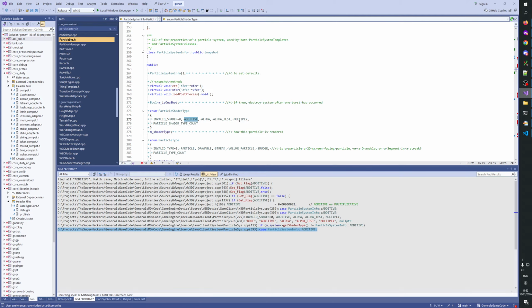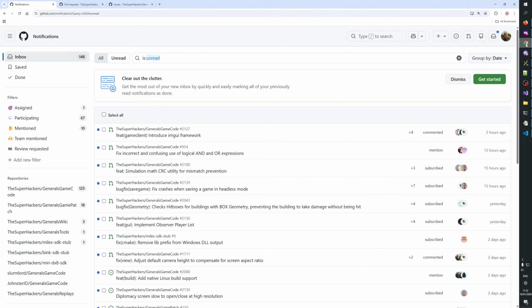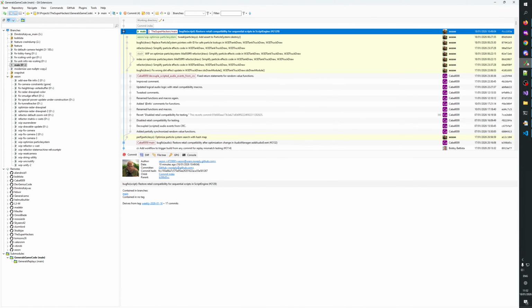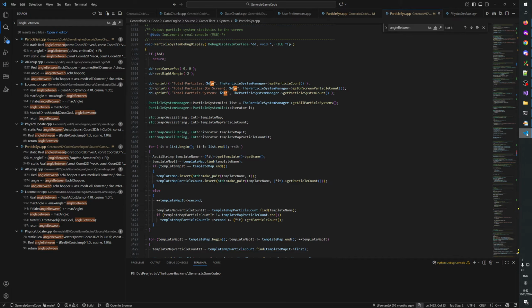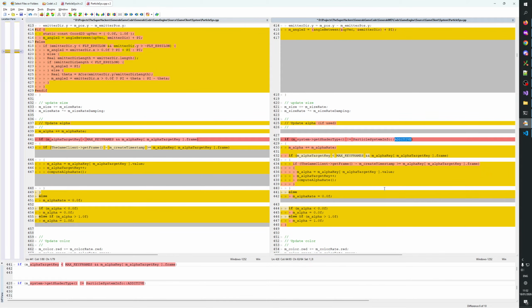Additive alpha test multiply. If it's not additive. Not additive. So additive is not using alpha. Aha. Okay. That's my guess.